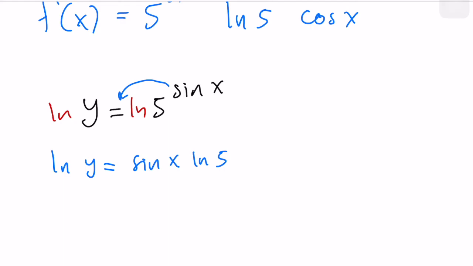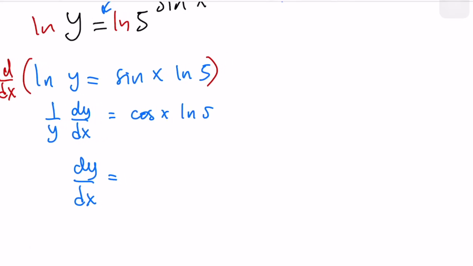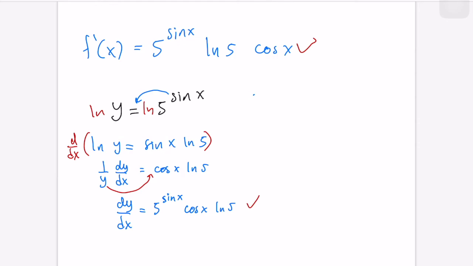And then we can do the implicit, and we can have 1 over y, don't forget the dy/dx, and then sine x becomes cos x, and ln 5, and dy/dx will be, y will be going to here, and y is 5 to the power of sine x, cos x ln 5, which is the same result as our solution here. Both methods correct. Which one you like, you can choose.